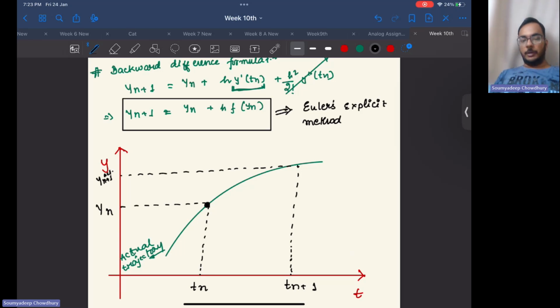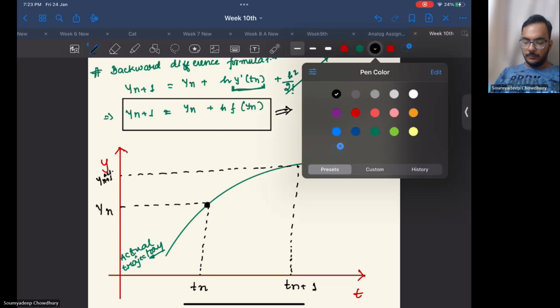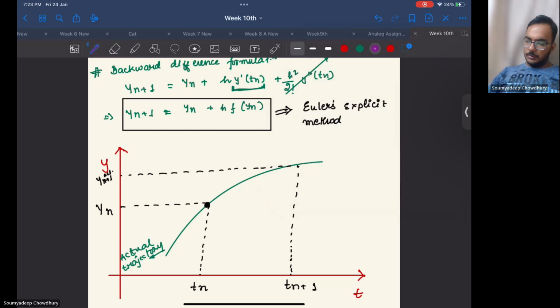So at a particular point, what is the slope of a function? It is the tangent, right? So if I draw a tangent to the function at this point, it will be somewhat like this, right? It is the tangent. So this is the tangent.